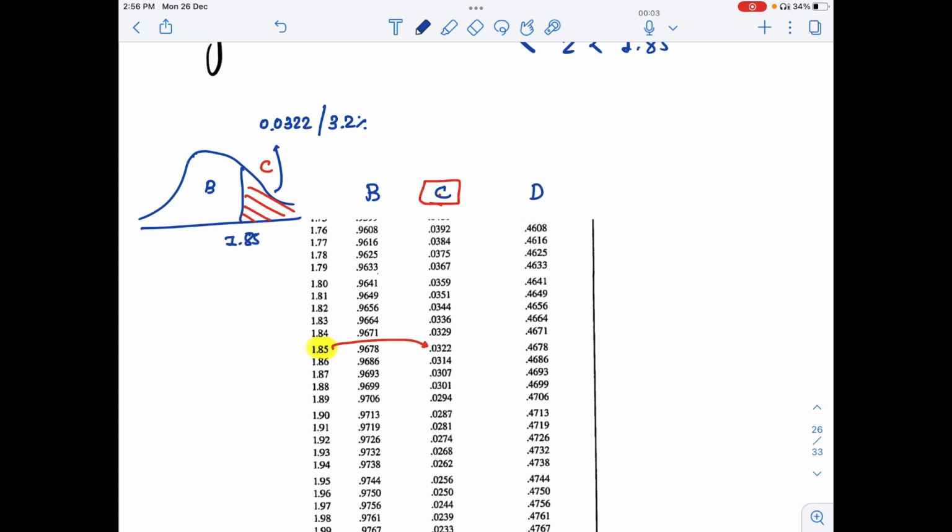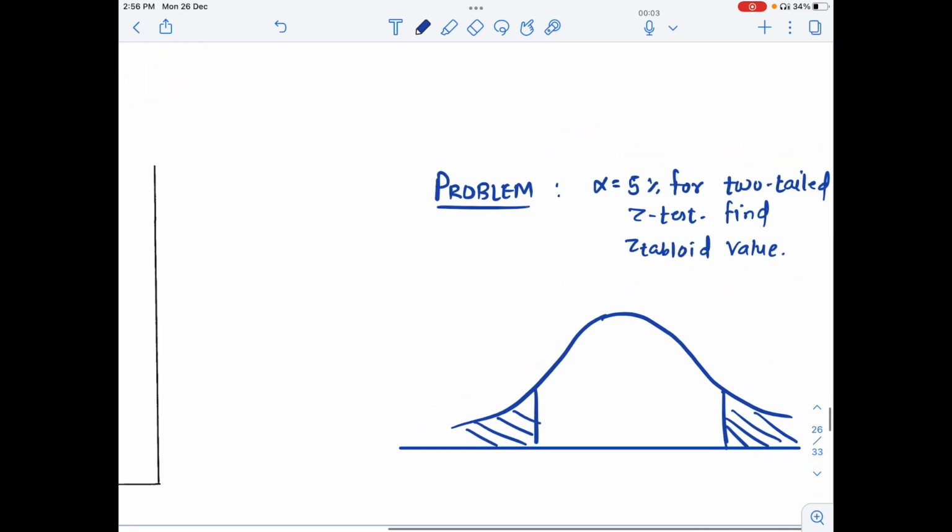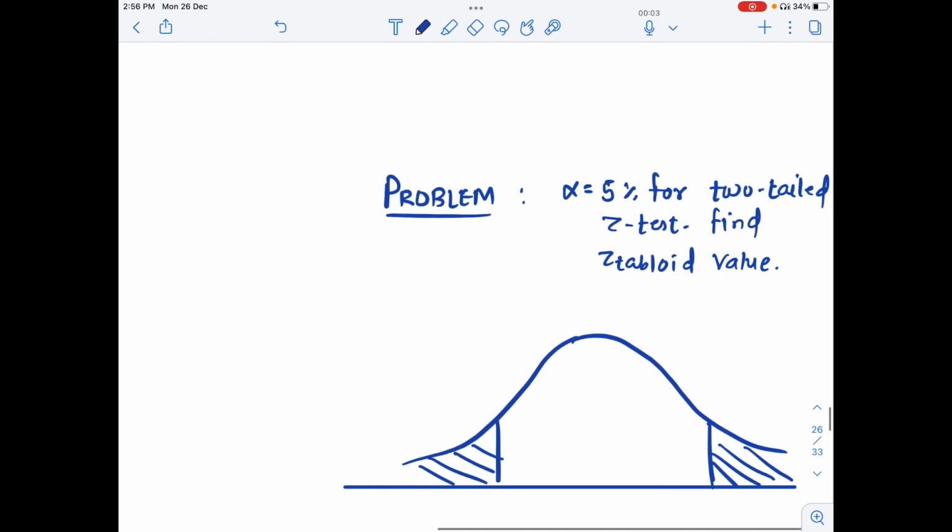There is another use of this unit normal table that you must be very familiar with. You may have a problem during your hypothesis testing where alpha for a particular test is given as 5%. You have identified every variable and calculated your z value. Now you want to compare it with the tabloid value of z that corresponds to the alpha value of 5%.